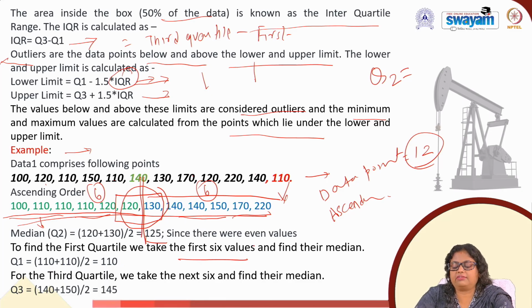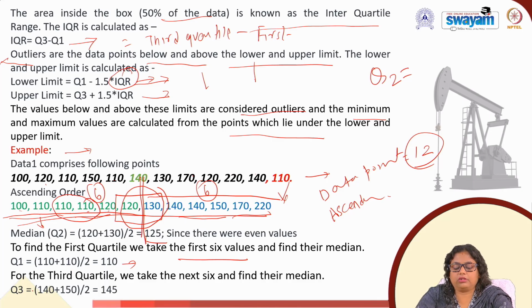We take the first 6 values and find their median. Again, 6 is an even number, so we take the middle two values, 1 2 3 4 5 6, these two values, 110 plus 110 divided by 2. So this is Q1.